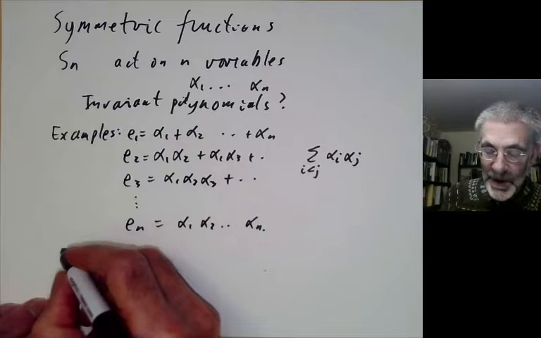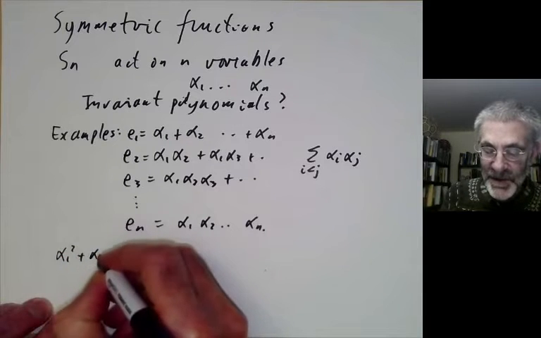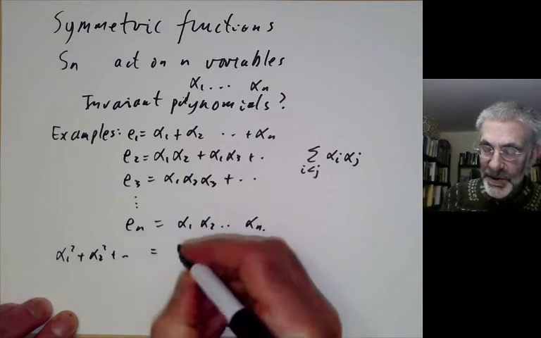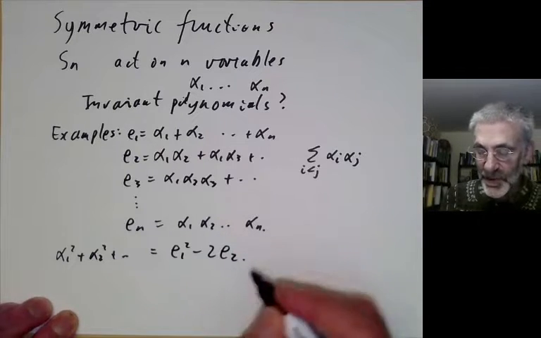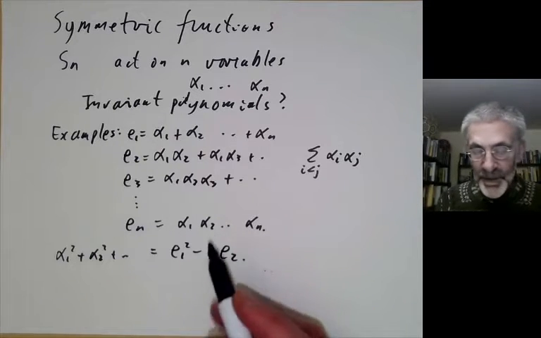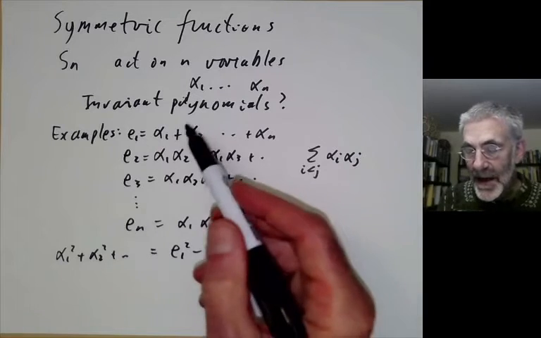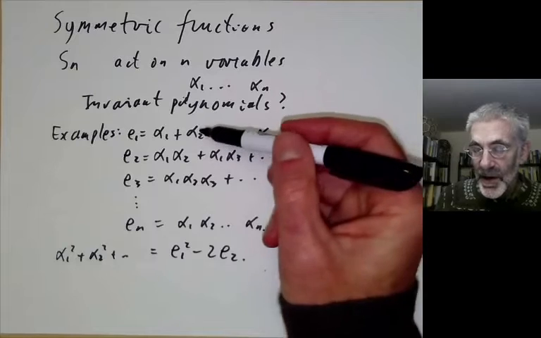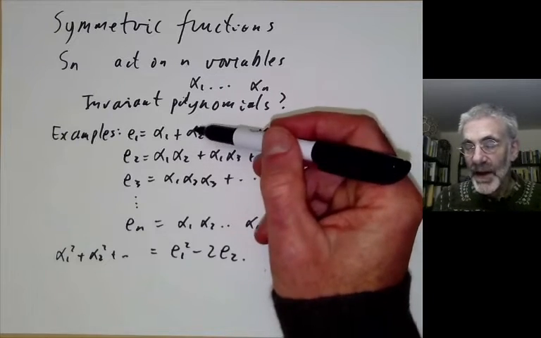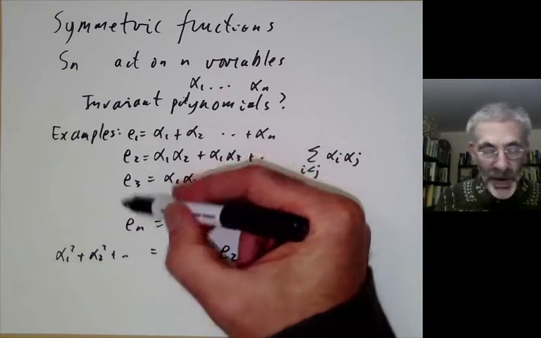For example, we can write down alpha 1 squared plus alpha 2 squared and so on, which you can see is equal to E1 squared minus 2E2. And any other symmetric function you can think of, at least that's a polynomial, if you do a bit of trial and error, you find it can be expressed as a polynomial in these.